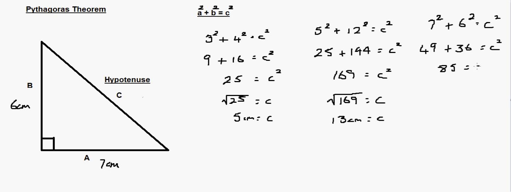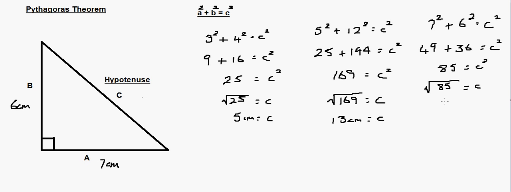Okay, and that would equal c squared. So remember, c would equal the root of 85. Okay, now here you would definitely use your calculator. I don't offhand know what the square root of 85 is.